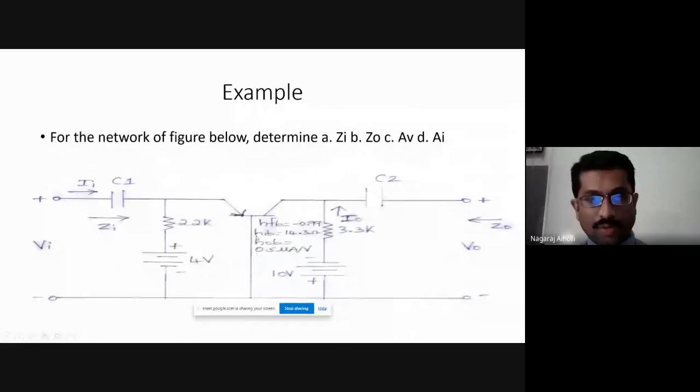It is a common base configuration with a PNP transistor. Then we have RC, collector resistance 3.3K, and VCC. Note that VCC is not the supply voltage to the circuit, it is the voltage connected to the collector terminal, which is 10 volts. The capacitance at the output terminal is C2, output voltage V0, and output impedance Z0.